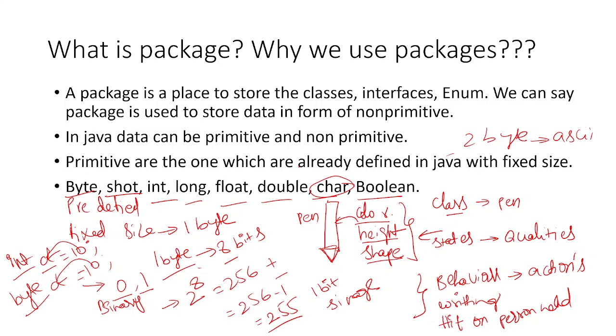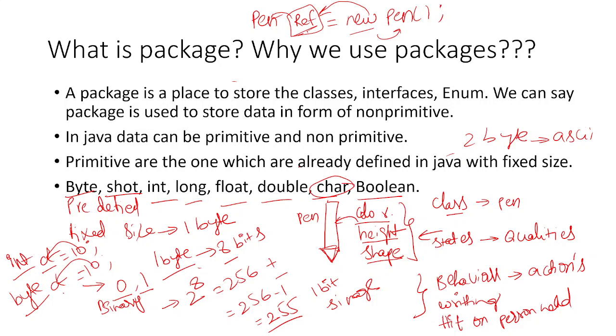If I create Pen ref equal to new Pen, then this new will create an object of Pen type, and it will return the address to the variable called ref. So this address will be stored inside ref. This variable is of what type? Pen type.